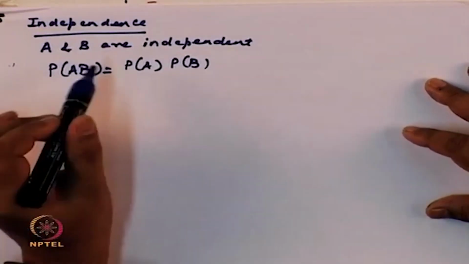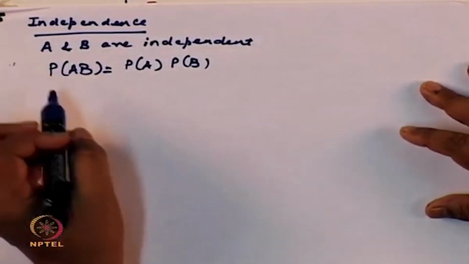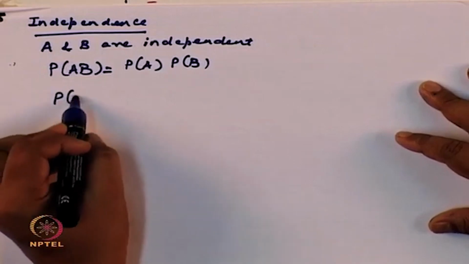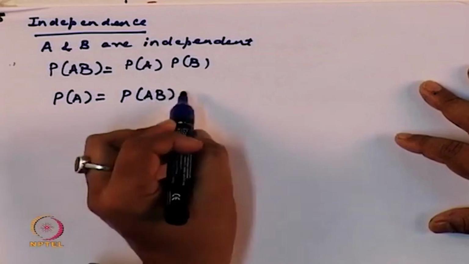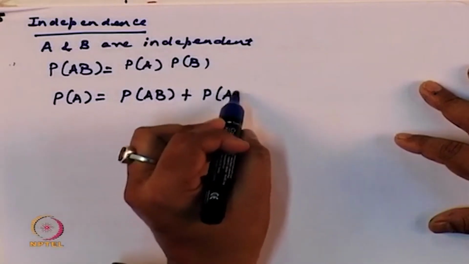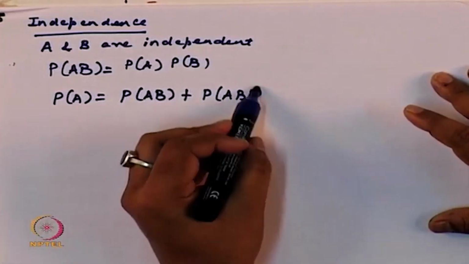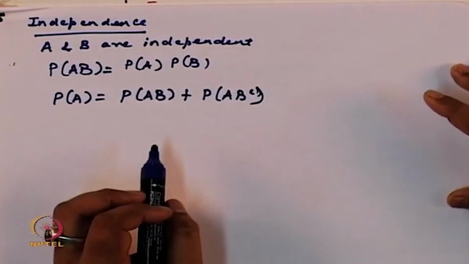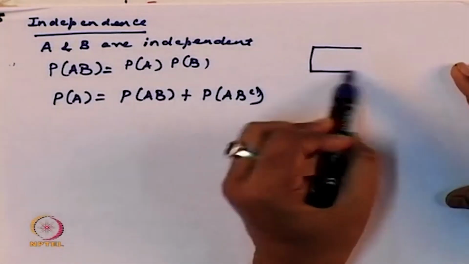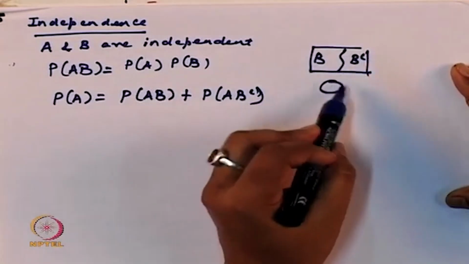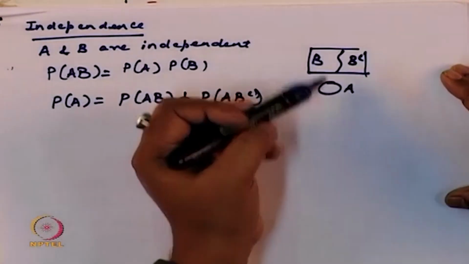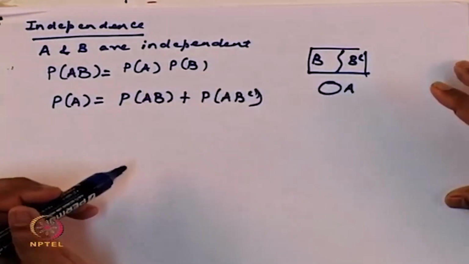Now, if A and B are independent, I can write probability of A as probability of AB plus probability of A B complement. This is your event B, this is your event B complement, and this is your event A. They are independent, so I have drawn them separately.